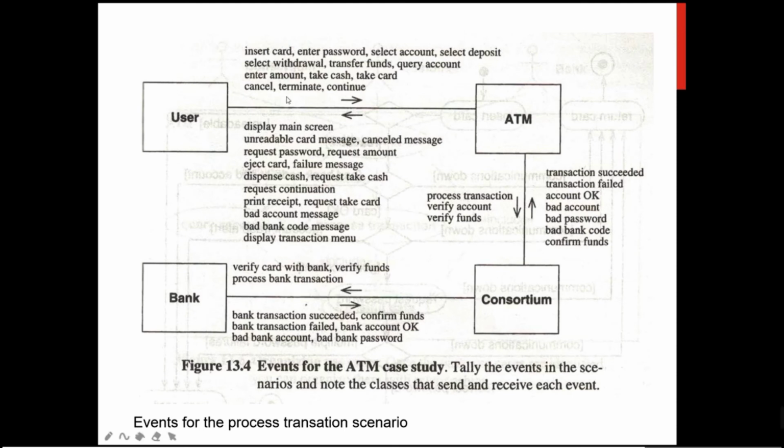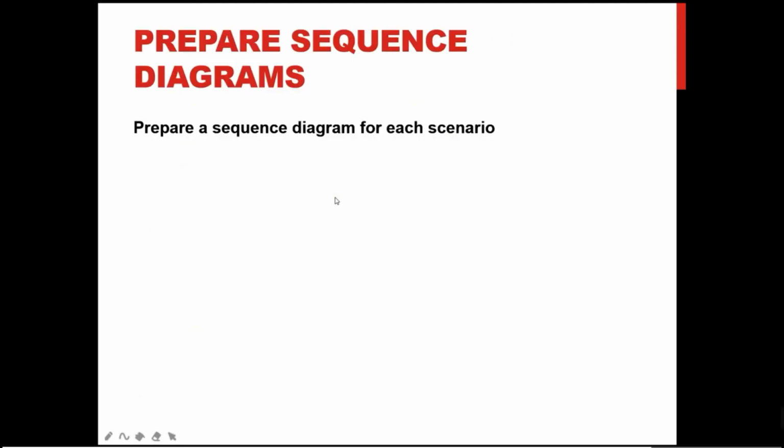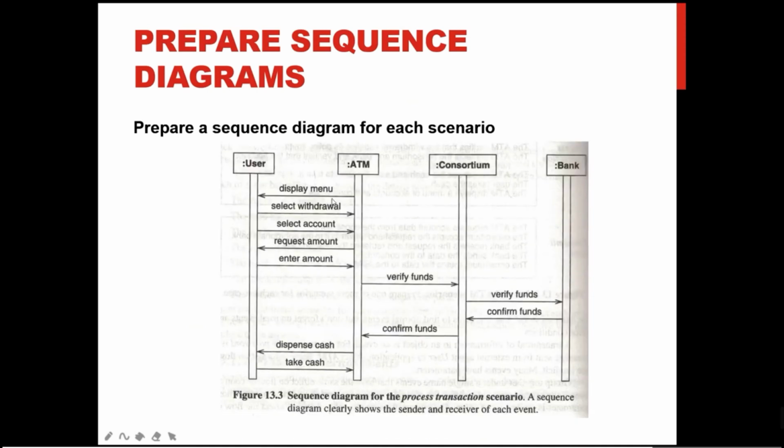Then after we have found these events, we can transform this scenario into a sequence diagram like this. The user, ATM, consortium, and bank: these three are actors, and this is the system we consider. This is a sequence diagram for the processing transaction scenario.